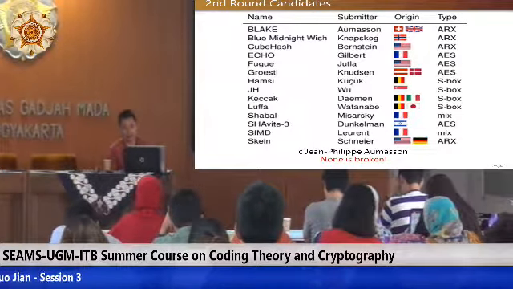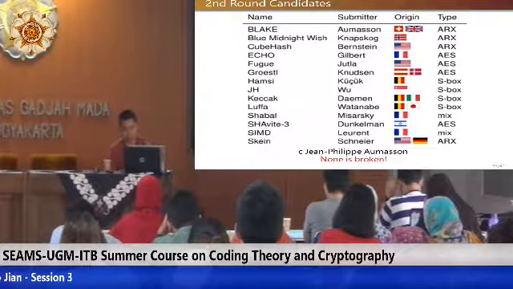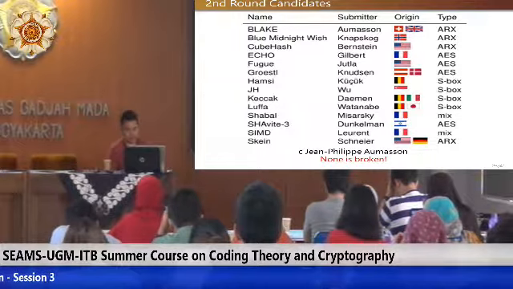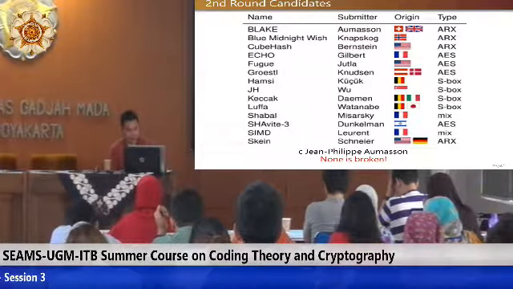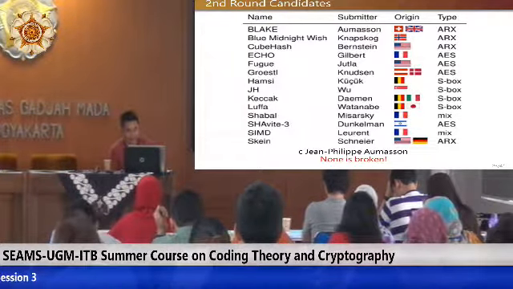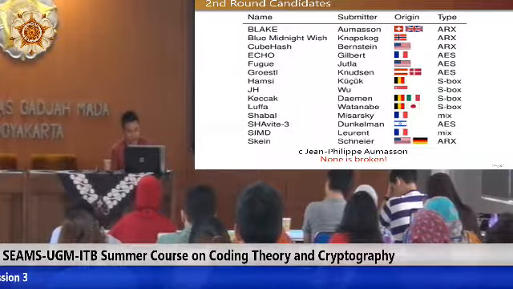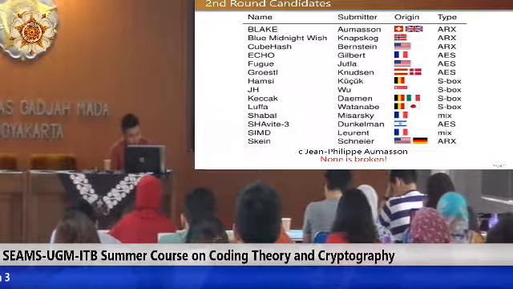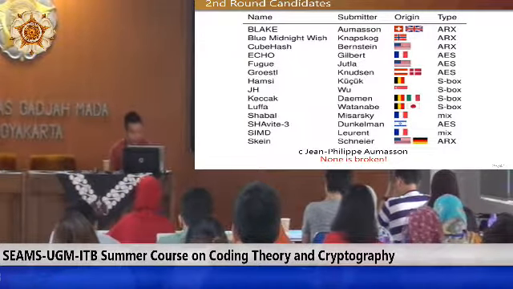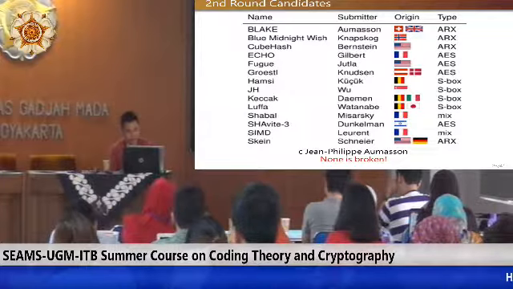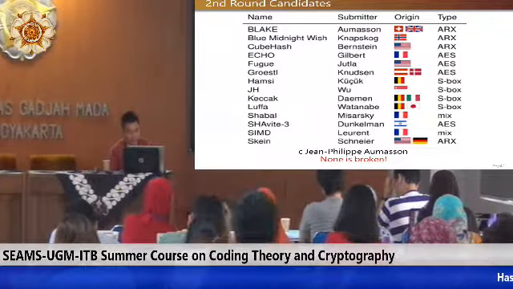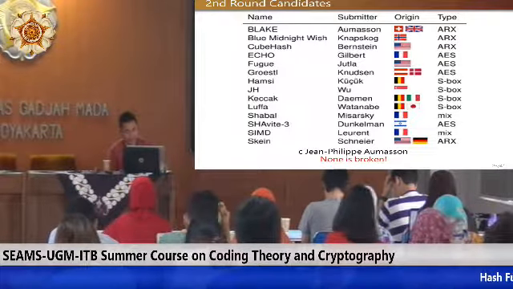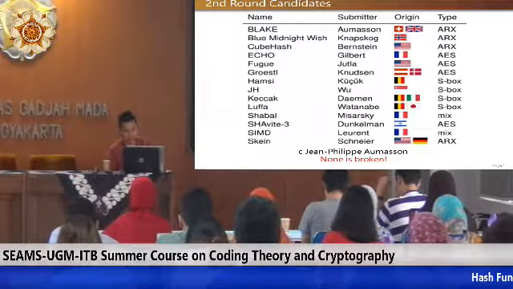SBox is a non-linear computation, usually of size 4 to 8 bits, okay? Shabal is a design that is a mixture of everything. SHAvite-3, this one by Dunkelman, is based on AES. SIMD is a mixture of everything. Skein, designed by Schneier, is an ARX design.